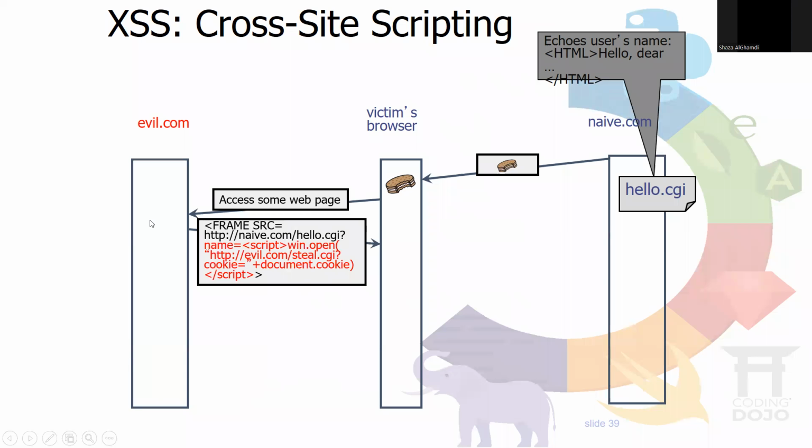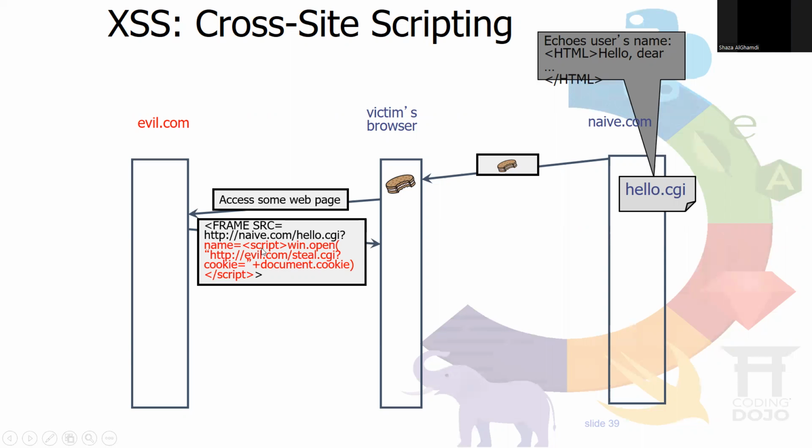the website, there was a frame loaded in your browser. When this frame is loaded, it says the source should be going to naive.com hello.cgi, and inside this specific source, after you go there, there is a script to be executed.